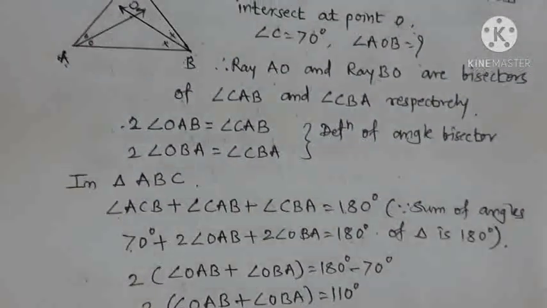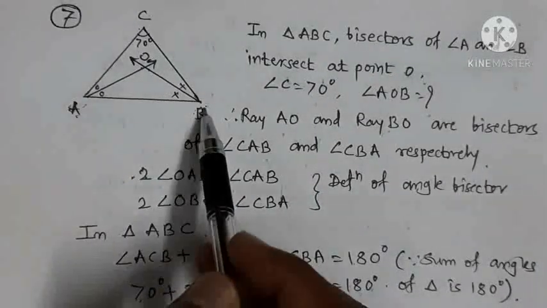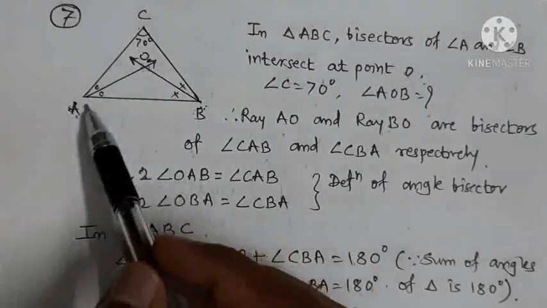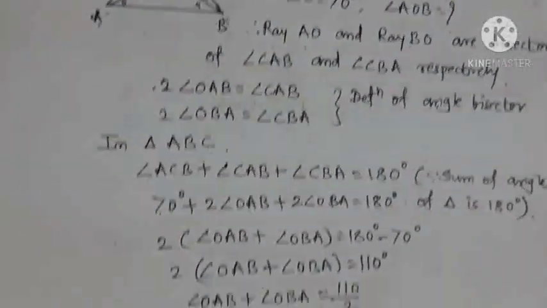Now take a triangle OAB. Now sum of all angles of a triangle is 180 degree.